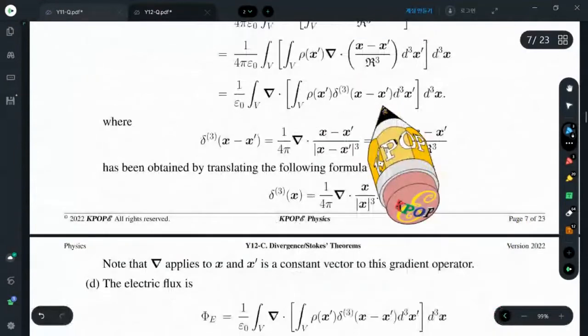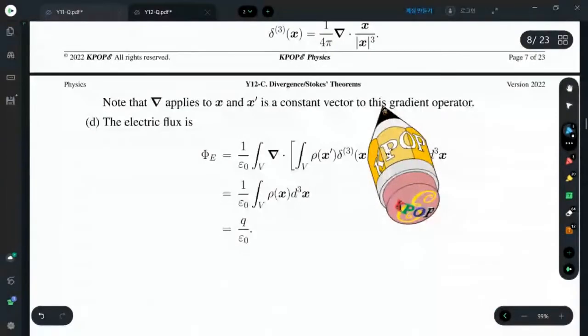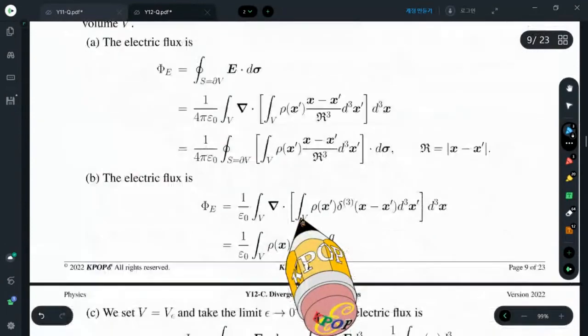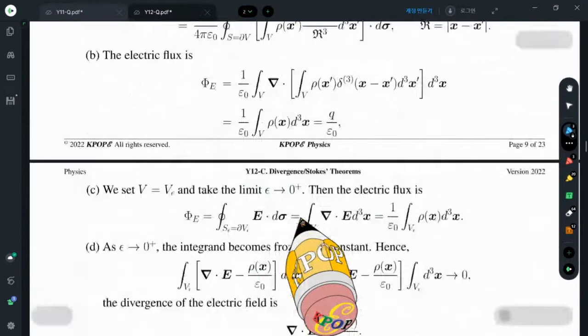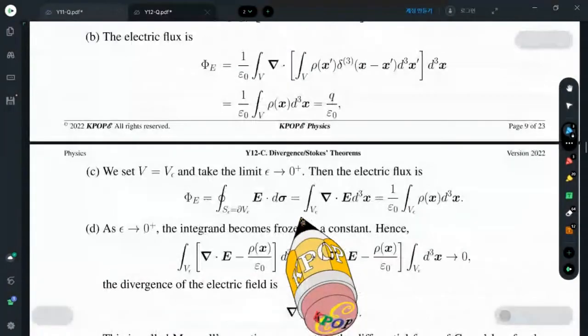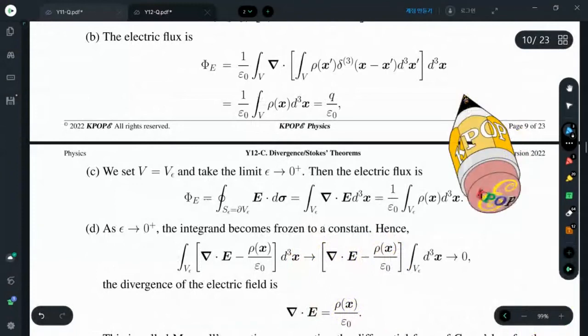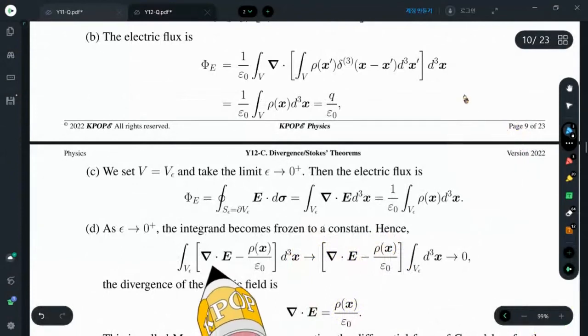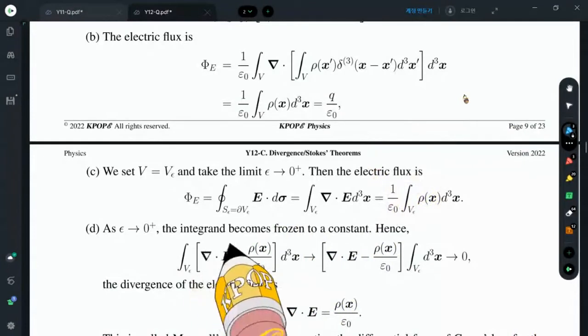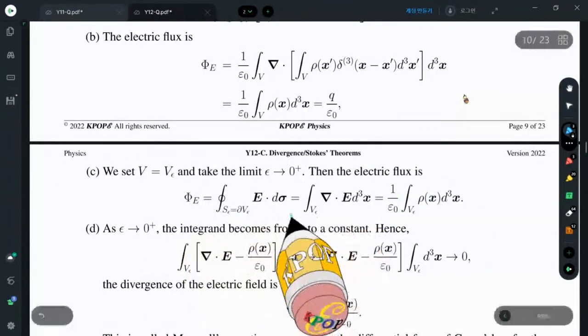These look tedious, but it is the same calculation reproducing what I have told. Let me look at this. This is what we can obtain for the divergence of E, subtracted by rho here.